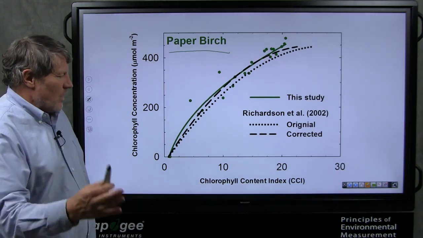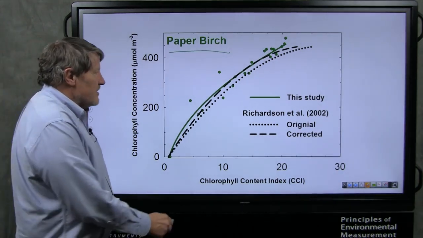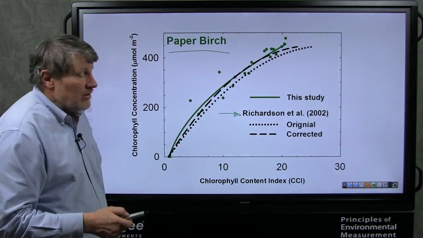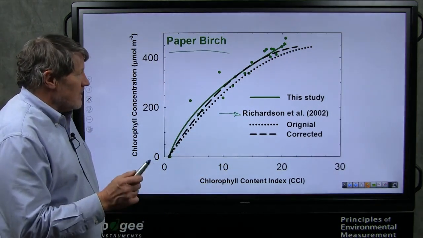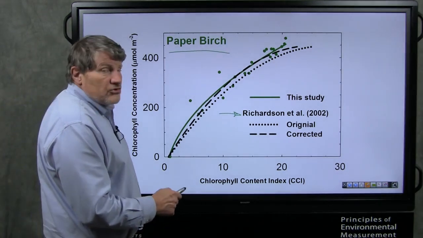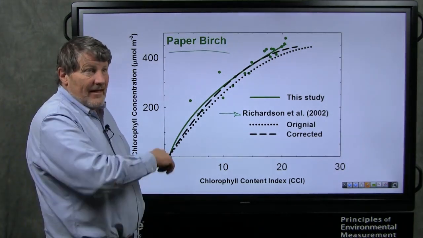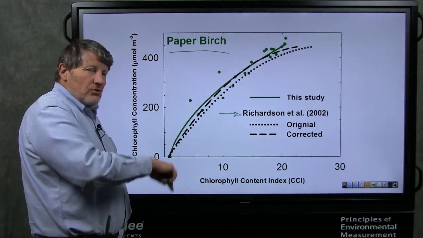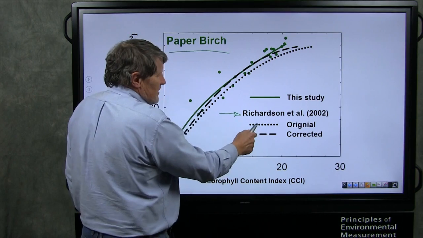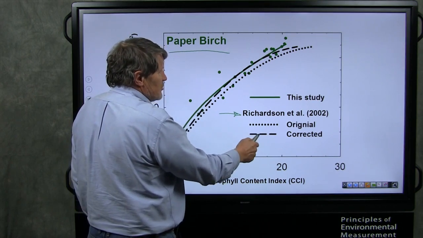This is a widely distributed species. This was studied by Richardson, who is at Yale, in 2002. He did everything right in his extractions. We also measured paper birch, half a continent away, 30 years later, same species. There's a correction in the equation.